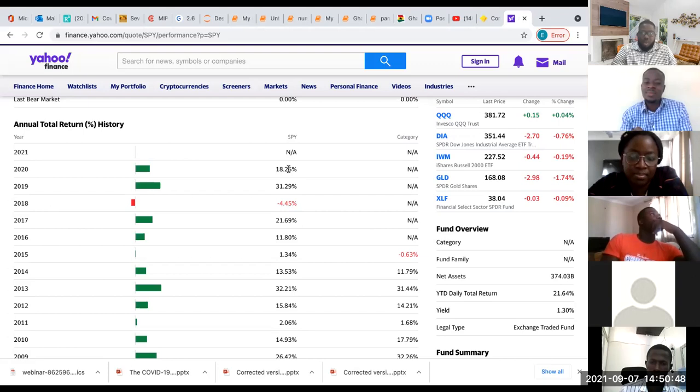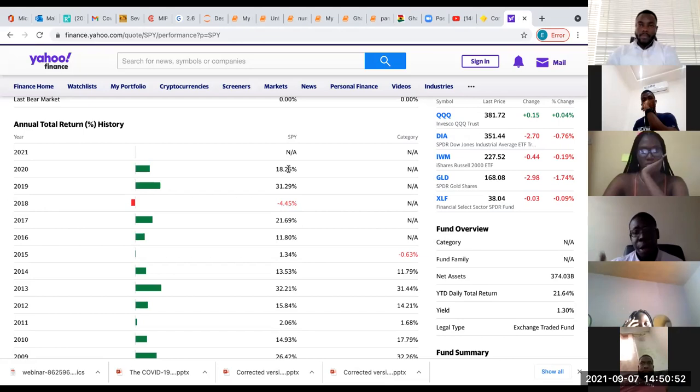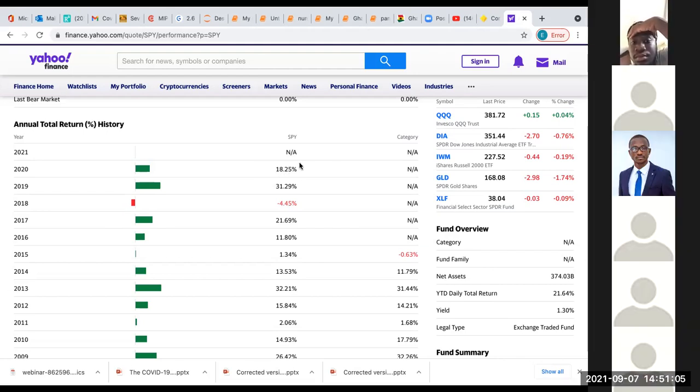So what we are saying here is that if the stock market in Ghana has 40 shares, you buy all the 40 shares. And if you buy all the 40 shares, what should be the return you should expect? 18.25. You buy the market, you get the market returns.